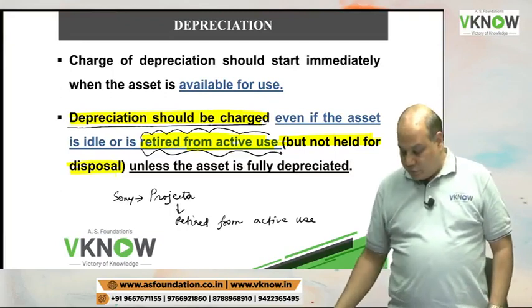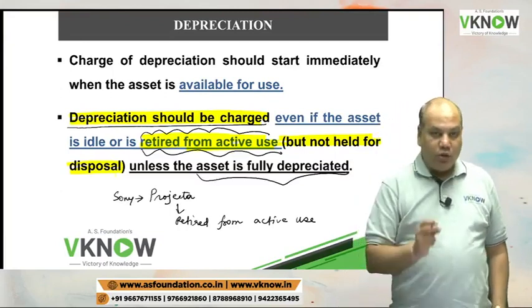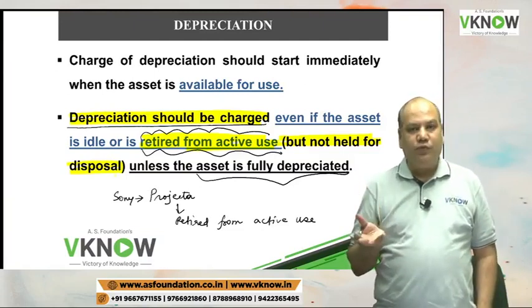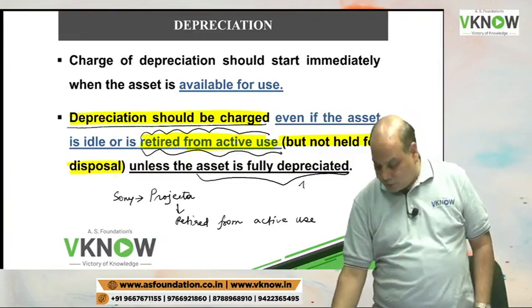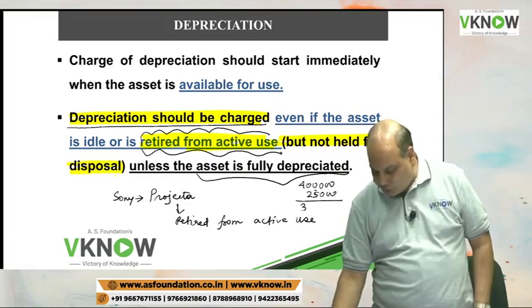However, once the asset is fully depreciated, of course I will not provide depreciation. If the I-10 car cost is 4 lakh and residual value 25,000, the depreciable amount is 3 lakh 75,000.